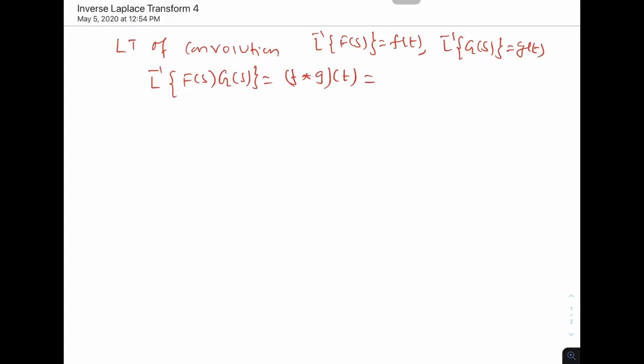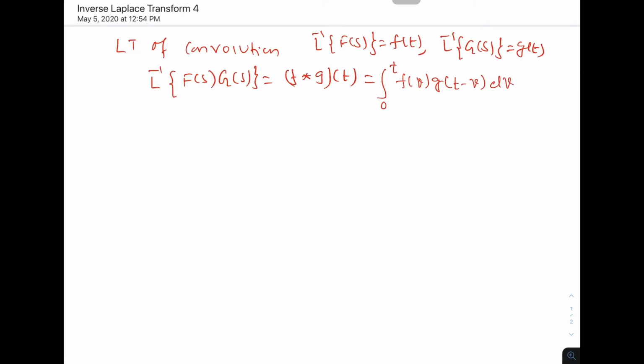And the convolution f star g of t is the integral from 0 to t of f(v) g(t minus v) dv.